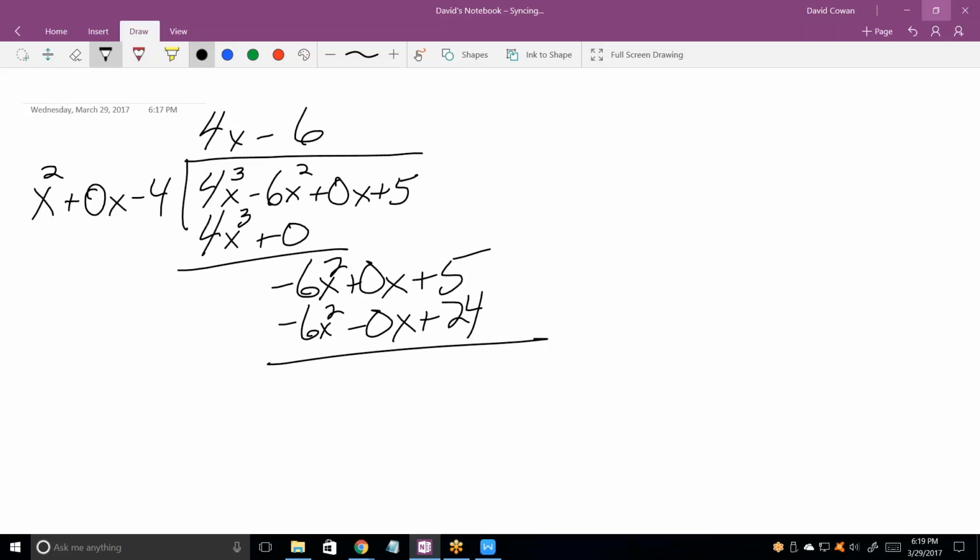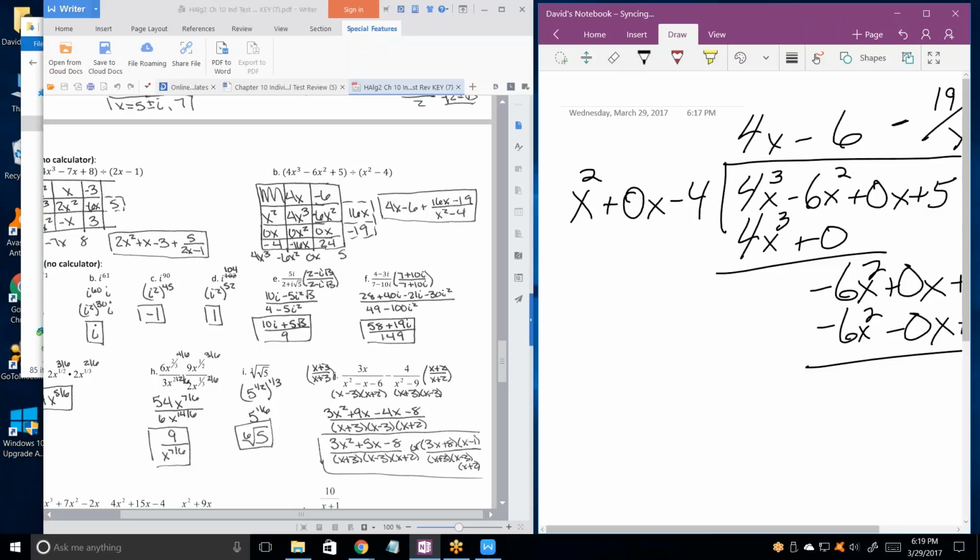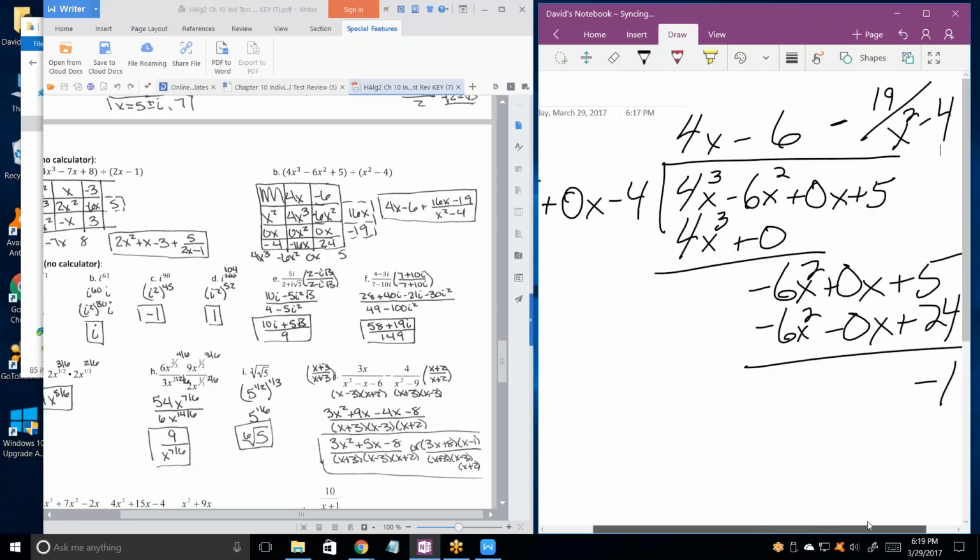And now I've got a remainder of minus 19. So my answer should be, let's see if that's what she got. 4x minus 6 plus 16x minus 19 over x squared. Wow.